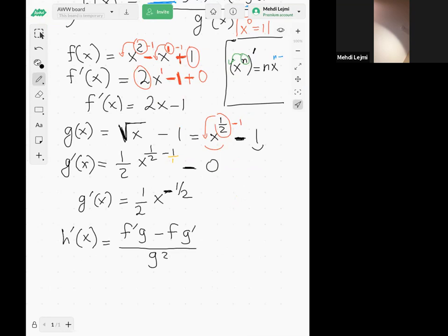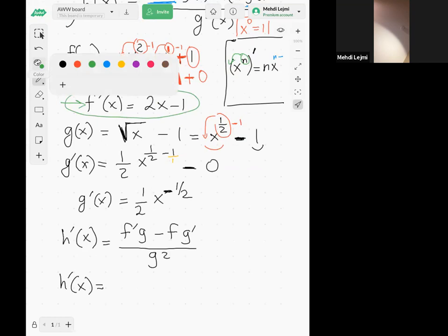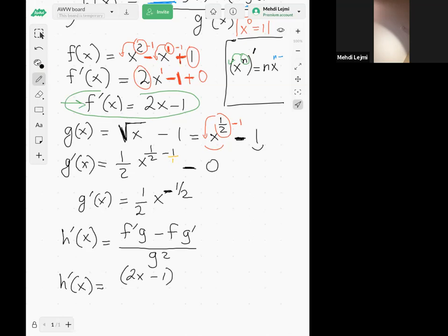So my h prime of x, f prime, we said f prime is this, 2x minus 1. Don't forget to use parentheses, guys. So it's parentheses 2x minus 1. That's my f prime. Next, times g, right? The g is this square root of x minus 1. So times square root of x minus 1, right?